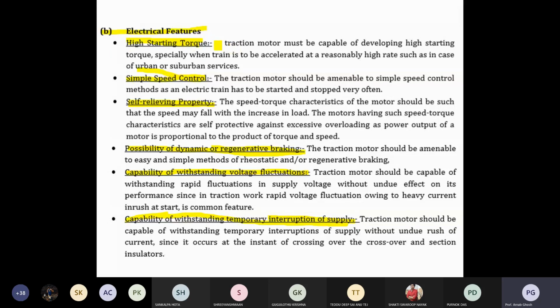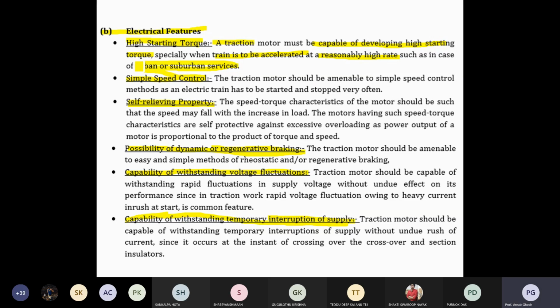First, the traction motor must be capable of developing high starting torque. Developing high starting torque is important, especially when the train is to be accelerated at a reasonably high rate, such as in urban and suburban service. In urban and suburban service, the distance between two stations is not so big, 5 to 8 kilometers.